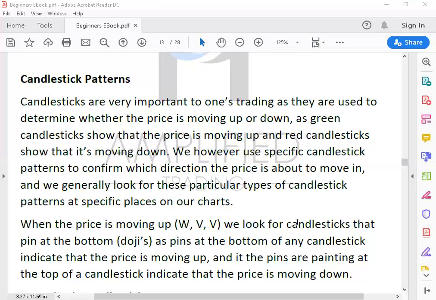Okay, supply and demand. Now, there are some very basic patterns that we'll take a look at here, and some advanced patterns that we'll take a look at at a much later stage. But it's very important to be able to identify these types of candlestick patterns, even if it's just one or two, and simply focus your time and energy on that.